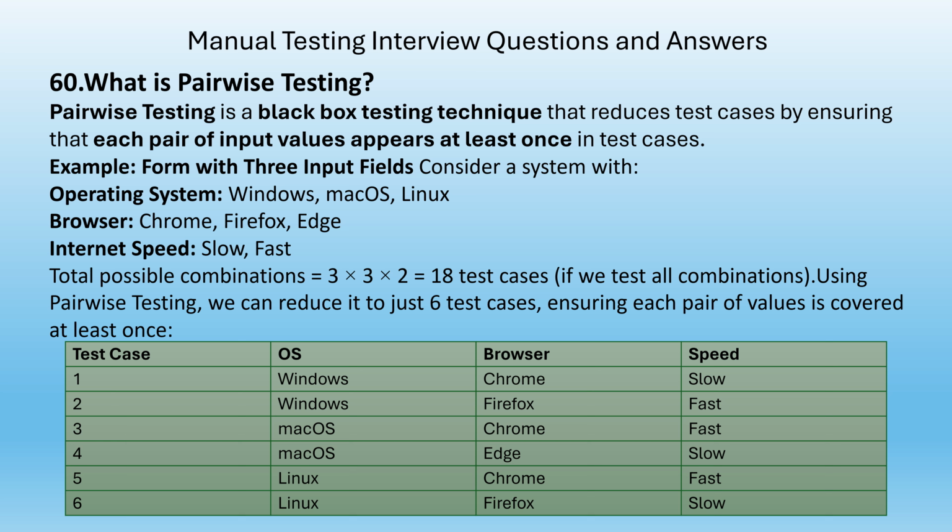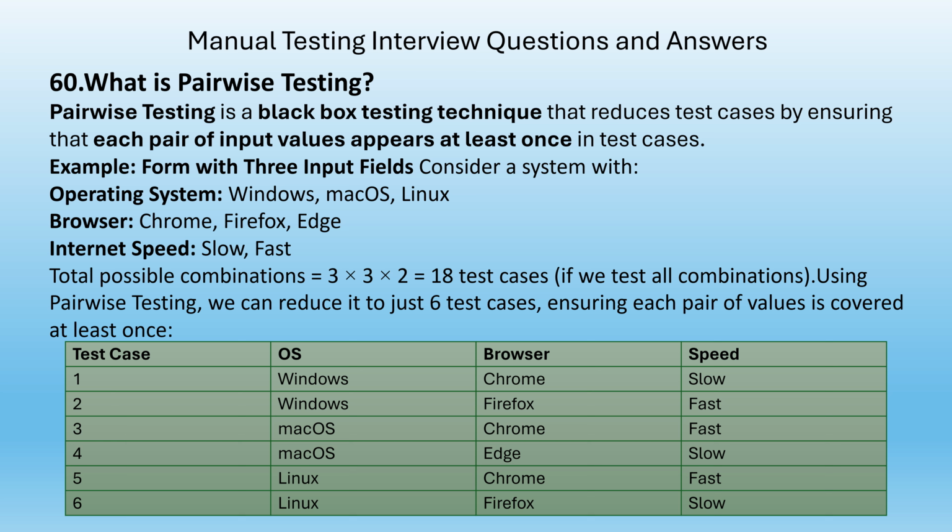If we test all combinations, it is 18, but using pairwise testing, we can reduce it to just 6 test cases, ensuring each pair of values is covered at least once. For operating system we are taking Windows, browsers Chrome and Firefox, then internet speed slow and fast.